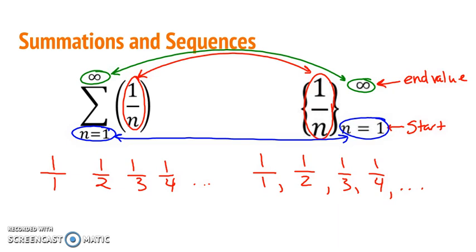Okay? Now, what's the difference? Well, it's all about this symbol right here. Okay? That is a summation. Sum means that I'm going to be adding. So the only difference between summations and sequences is, with sequences, we write these nice little commas to separate the terms.